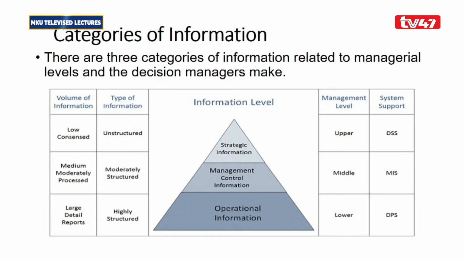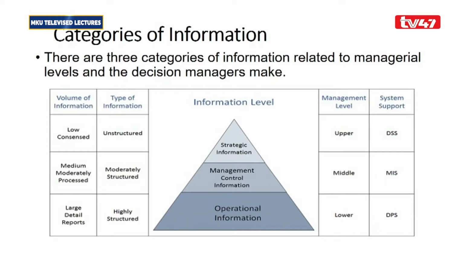So when we are keying in information in our system that we use to carry out our normal operations, like in our student management system, registering of units, deregistering of units, registering a new student, and so on, that is information at the lowest level of the organization, which is operational information.